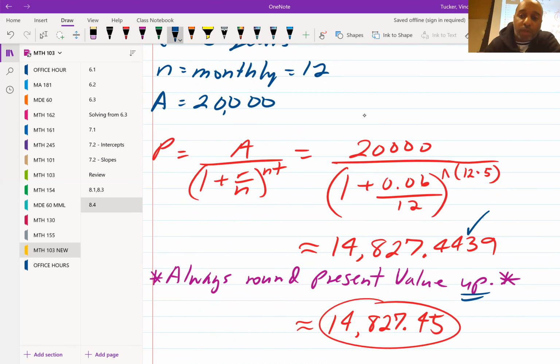Even though it doesn't tell us to round up, we have to account for this 39 back here. If I were to truncate this and leave it at 0.44, then I will not earn the 20,000 that I need. So I need to round up to account for this back piece. Whenever you're doing present value, you always round up.